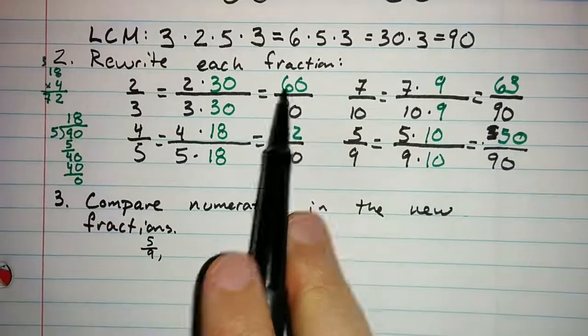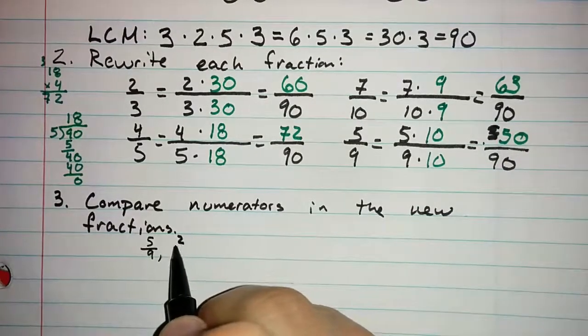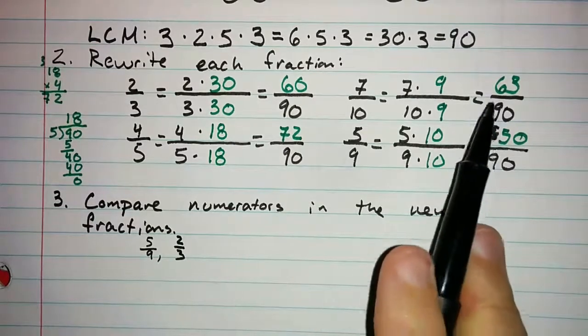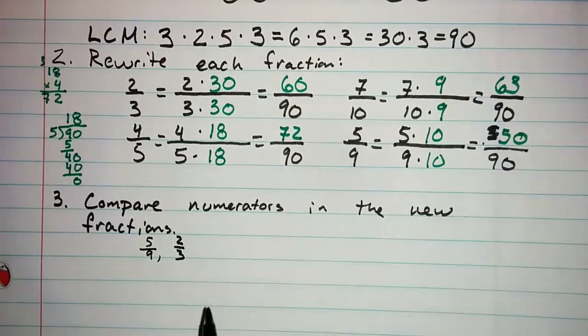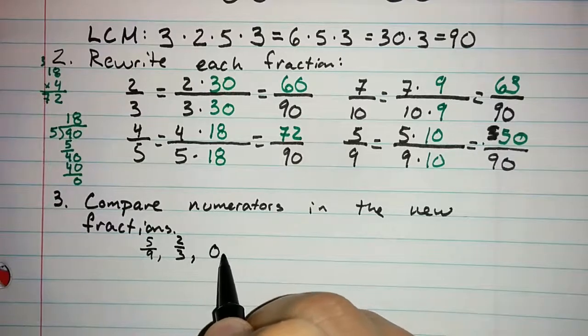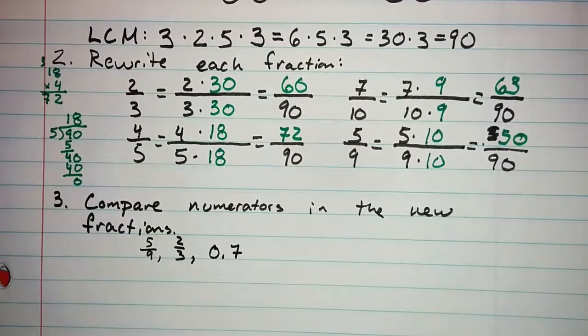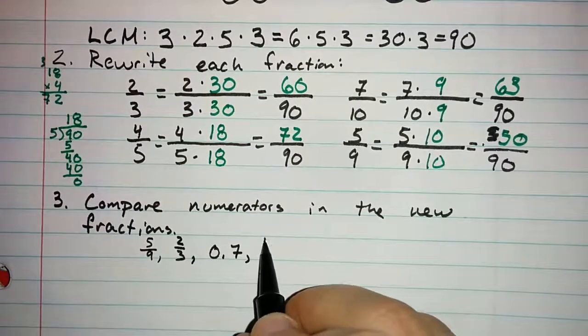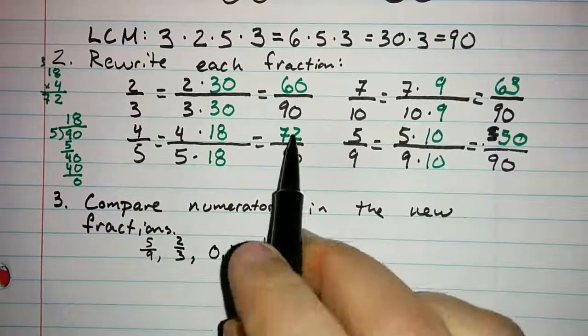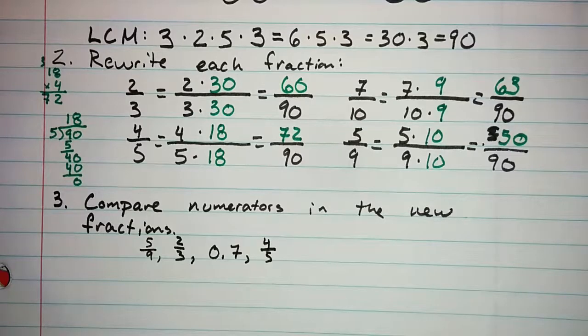The next one will be 60/90ths, which is 2/3. The next one will be 63/90ths, which is my 0.7. And the last one will be 4/5, which was 72/90ths. So this is how we order fractions, by rewriting them with a common denominator.